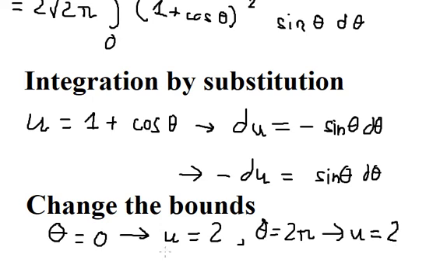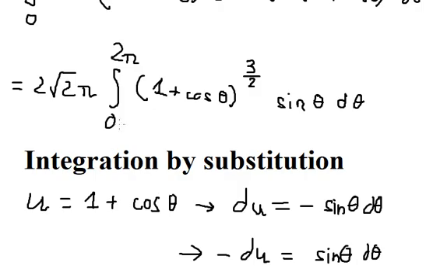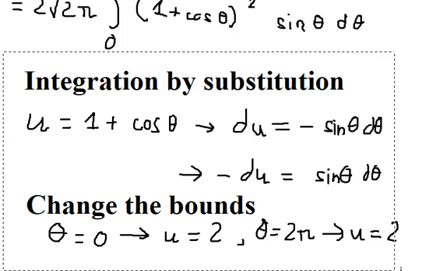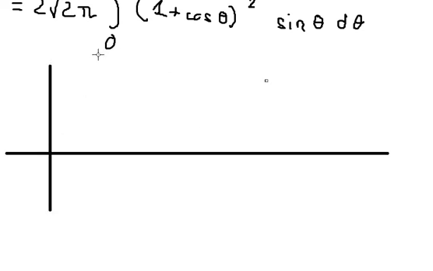Now, if we look carefully, the bottom equals number 2 and the top equals number 2. When we put number 2 here and number 2 here, you get 0. That means in this situation, for example, we have the function in here.